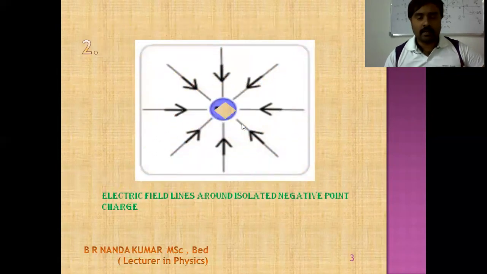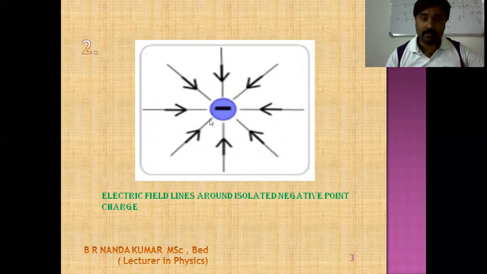Okay, the next property. Electric field lines are directed towards an isolated negative point charge. So these are the imaginary lines. If a unit positive test charge plus Q naught is placed on this line due to minus Q, it will experience an attractive force.